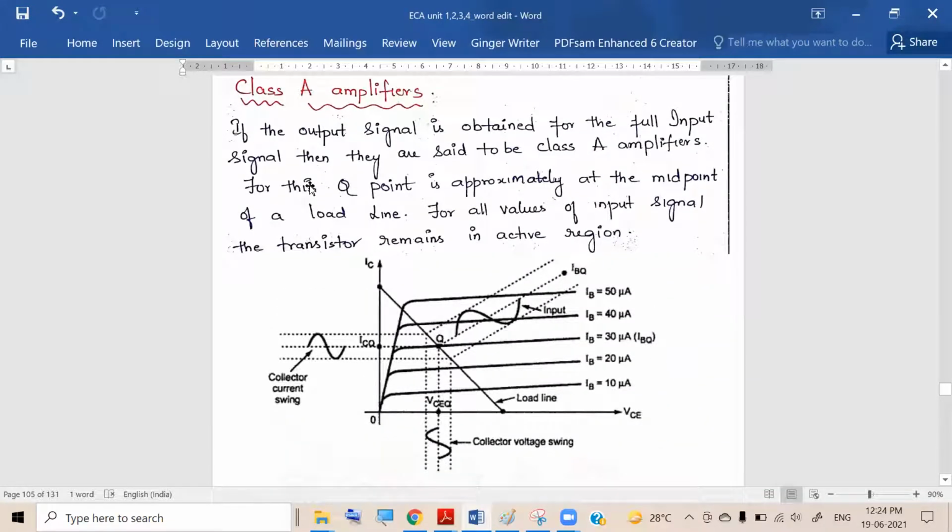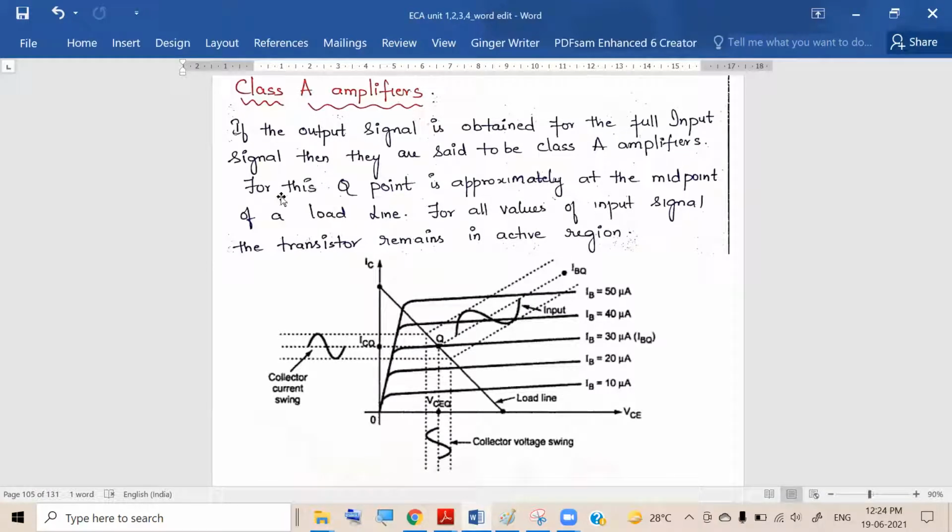If the input you are giving is a sinusoidal signal, it has both positive and negative half cycles. If the output is an amplified version of the entire signal, meaning the output again has both positive and negative half cycles, and both the half cycles are amplified, then you say it is a class A amplifier.